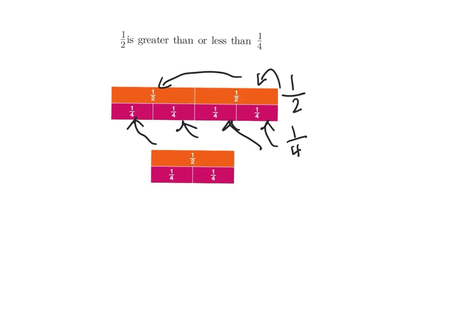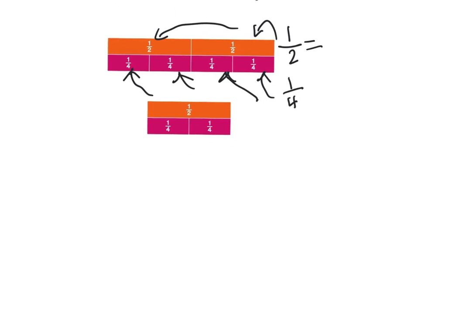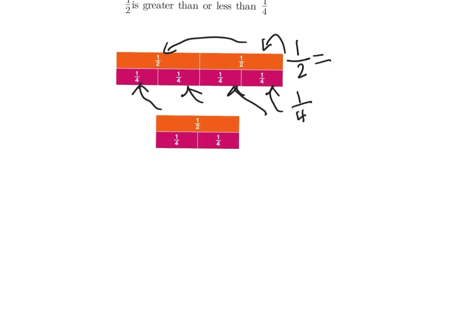When we take it as a whole, we have 2 equal parts size 1/2 to give us the whole, 1. And for our 1/4, we're going to have 4 equal parts size 1/4. So we want to find out whether 1/2 is greater than or less than 1/4.